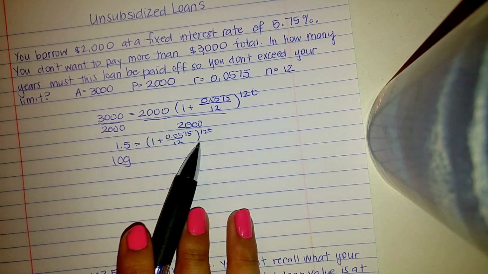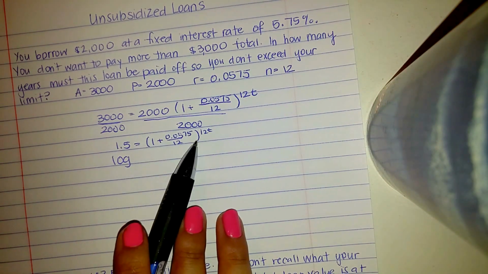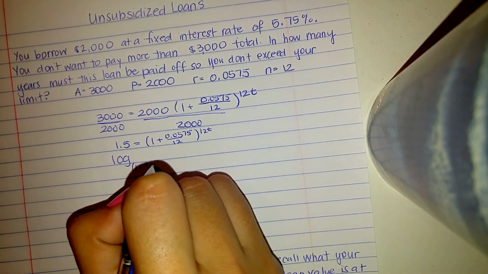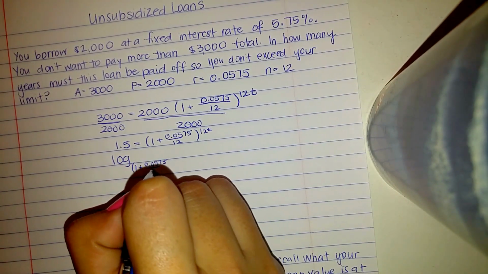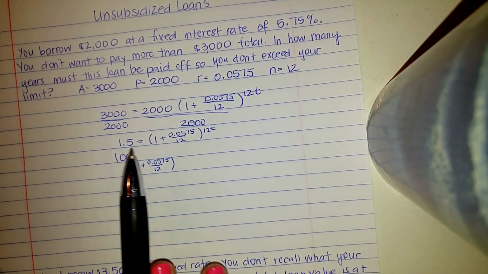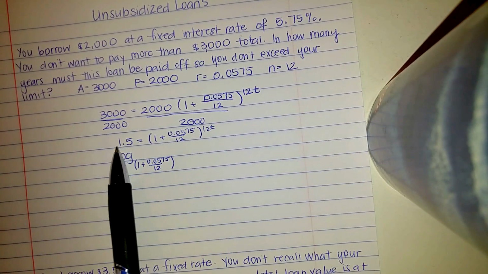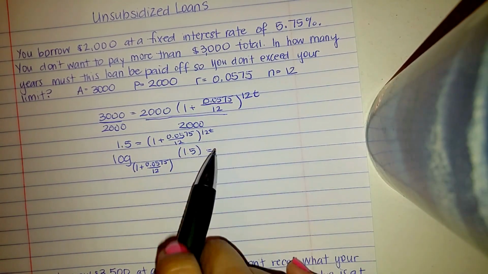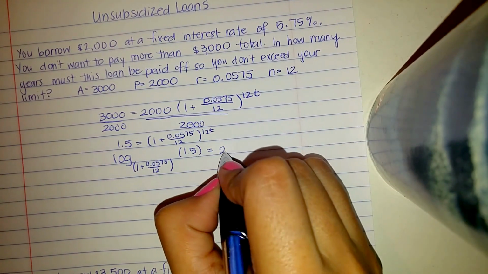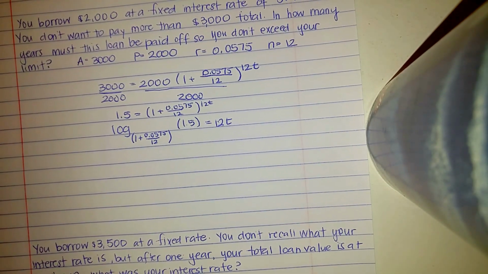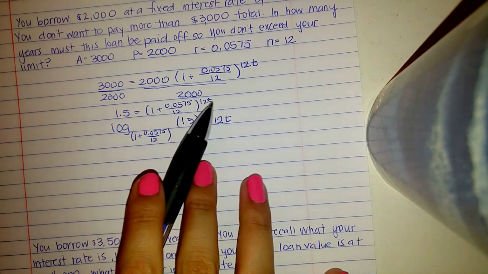Remember, this is the base of the exponent, so this is going to be my base in the logarithm. And since I'm taking the inverse, this is what my logarithm will have, and my exponent becomes a whole number, not just an exponent.